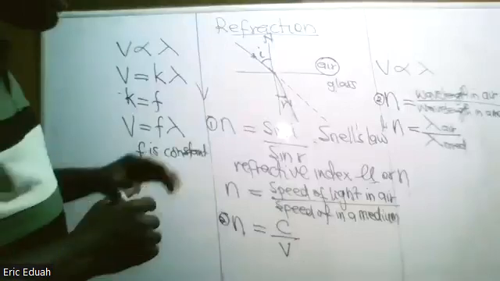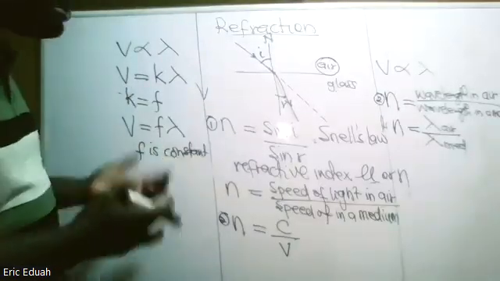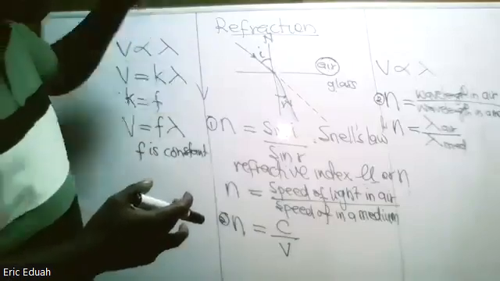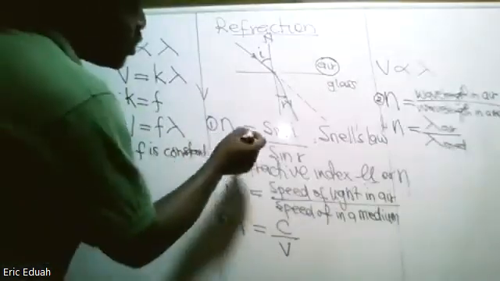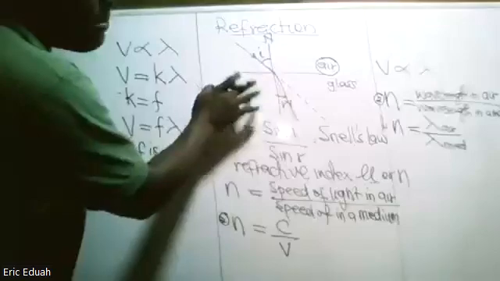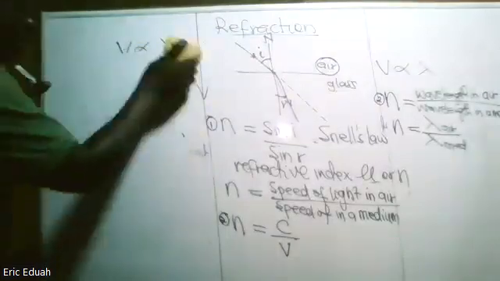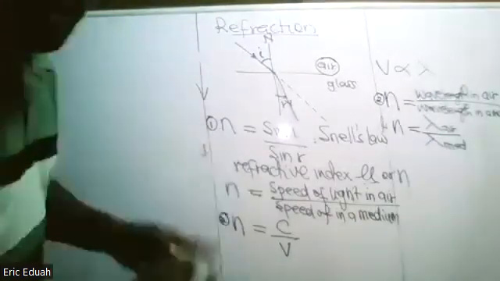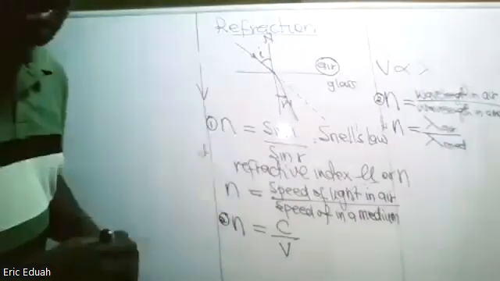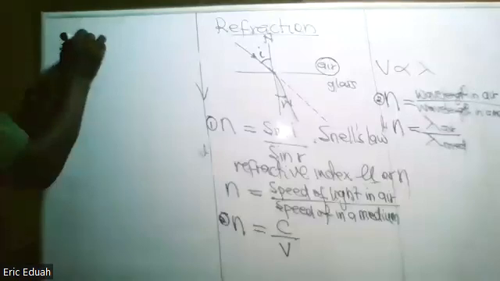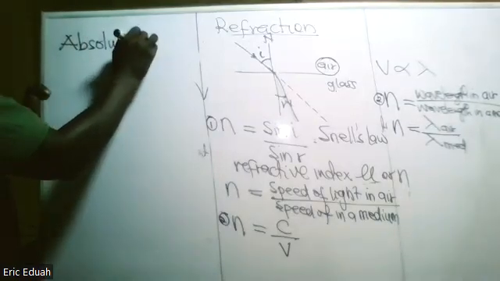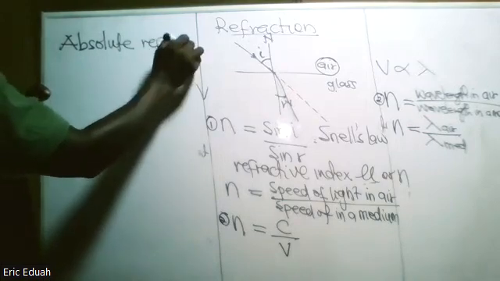Now, whenever you have refraction and the first medium through which the light is propagated is air, we refer to the refractive index of that material as the absolute refractive index. So we talk about absolute refractive index of a material.